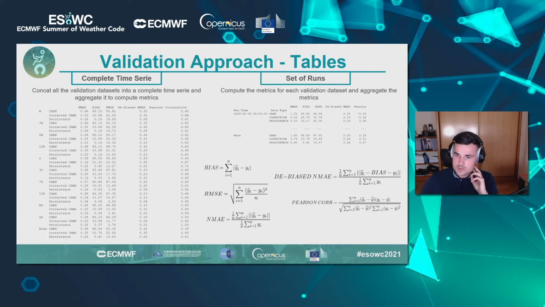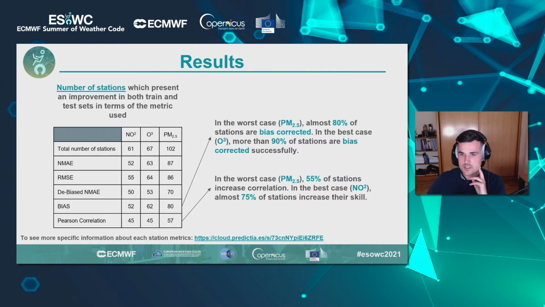So as Mario mentioned, if we can go to the next slide, a set of metrics has been implemented to validate the results on both train and test data sets. In this slide, I'm showing you some of the results. This is the number of stations which present an improvement in both train and test sets in terms of the metric used.